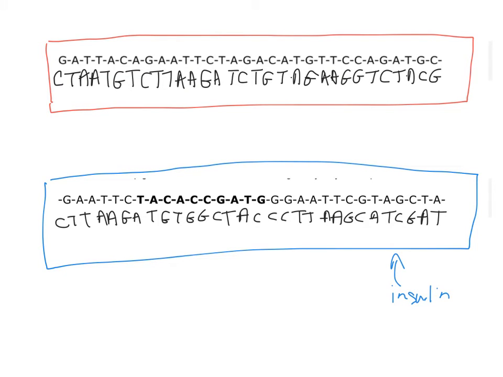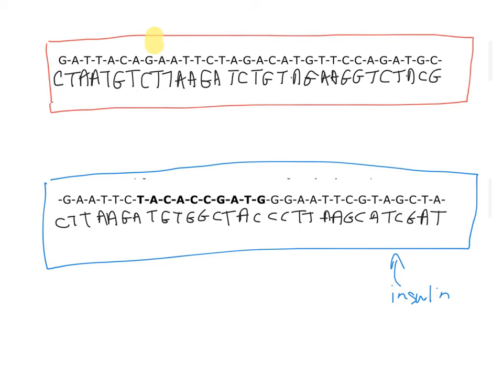Then, after you've done that, you're going to make the mark. You're going to act like the restriction enzyme. What the restriction enzyme does is cut DNA at a very specific spot. In this case, the restriction enzyme is going to cut the DNA anytime it sees an AATT.